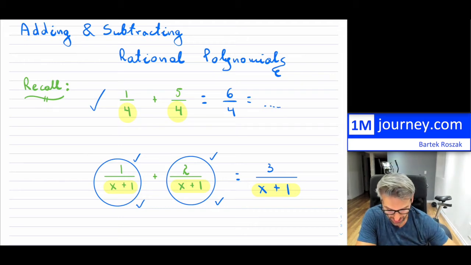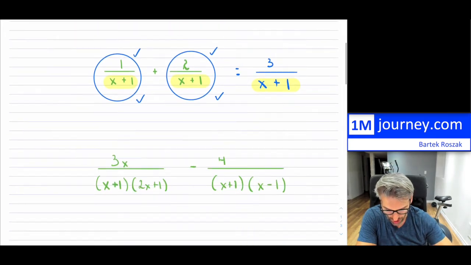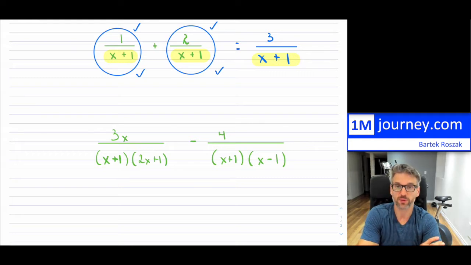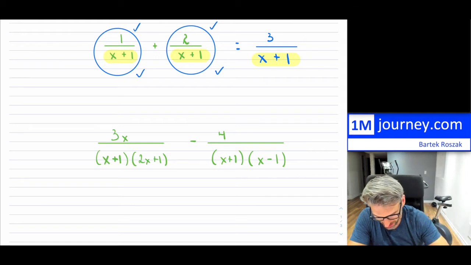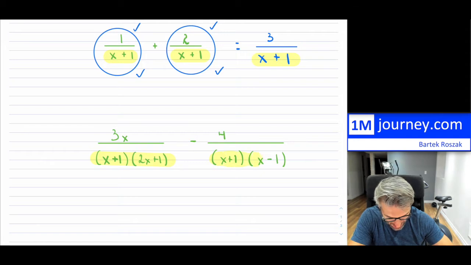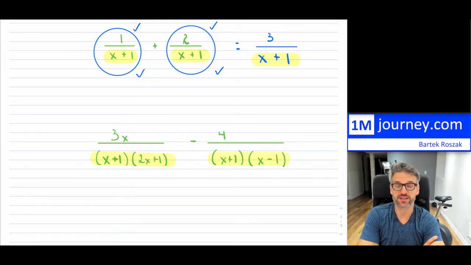So if I scroll this through and make it even more complicated, for instance, within here I now have a subtraction, and notice that my denominators, unlike in the previous example, are not the same, right? And what do we do when they're not the same? For example, if they were just fractions, well, we find the common denominator, or the lowest common denominator. And there are ways to do that, and you can see that in that link that I pointed out in the beginning.